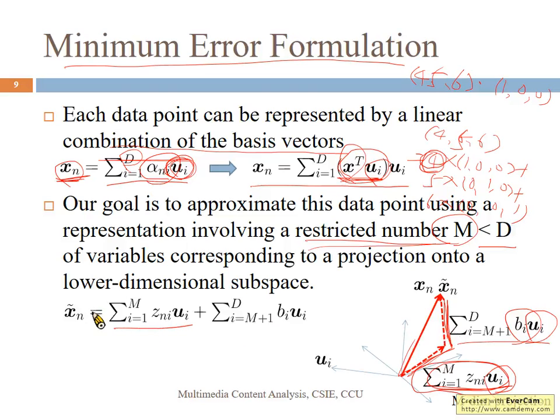So we can approximate the original data by this one, which is the combination of the lower dimensional representation and the difference between the high dimensional and the low dimensional data. And we want the difference between them to be minimized.